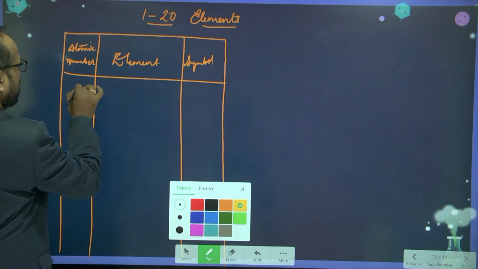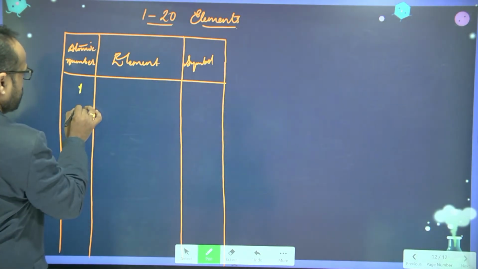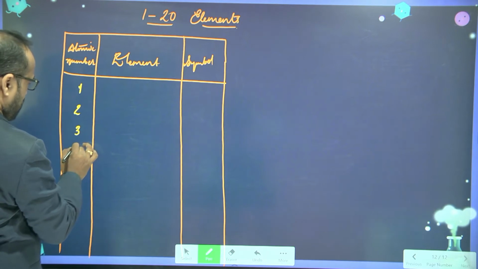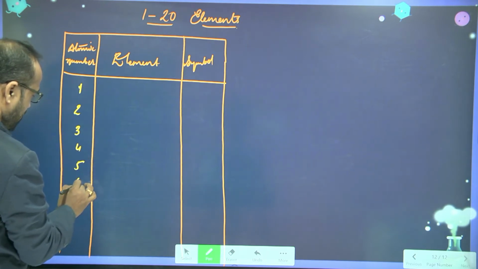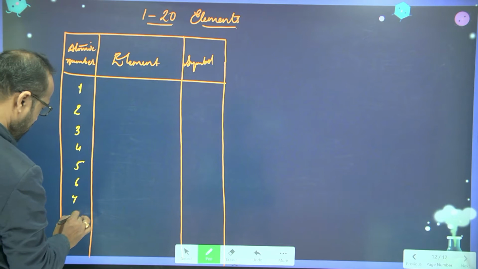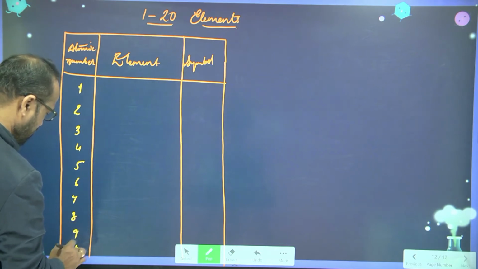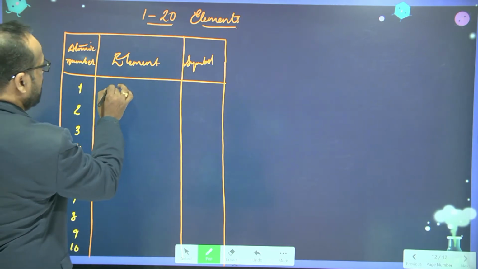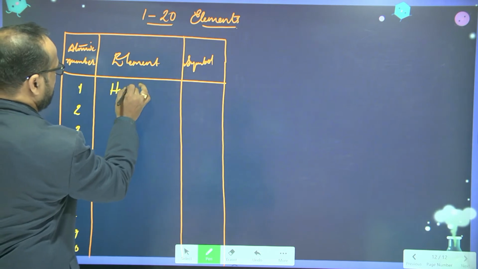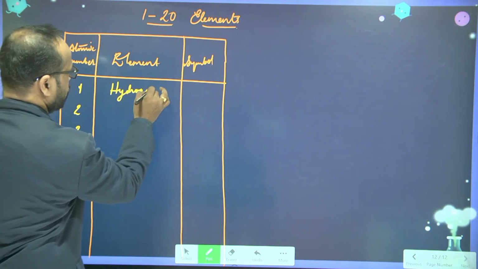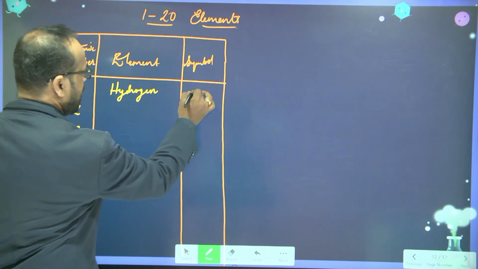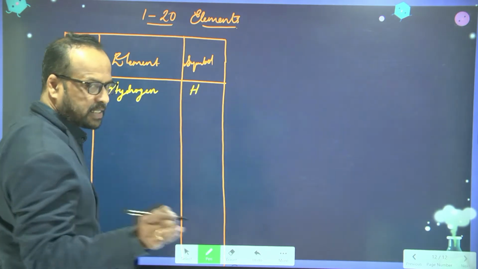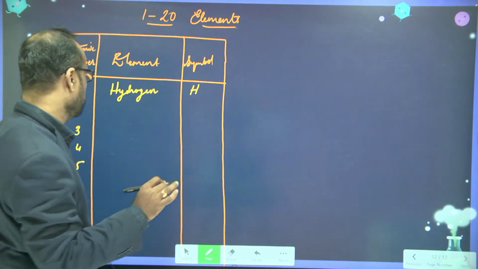Atomic number 1, the meaning is first element. So 1, 2, 3, 4, 5, 6, 7, 8, 9, 10 elements. Here I am writing. The first element is hydrogen, and the symbol is H. Already we discussed in the last class, students, about the symbol of hydrogen.